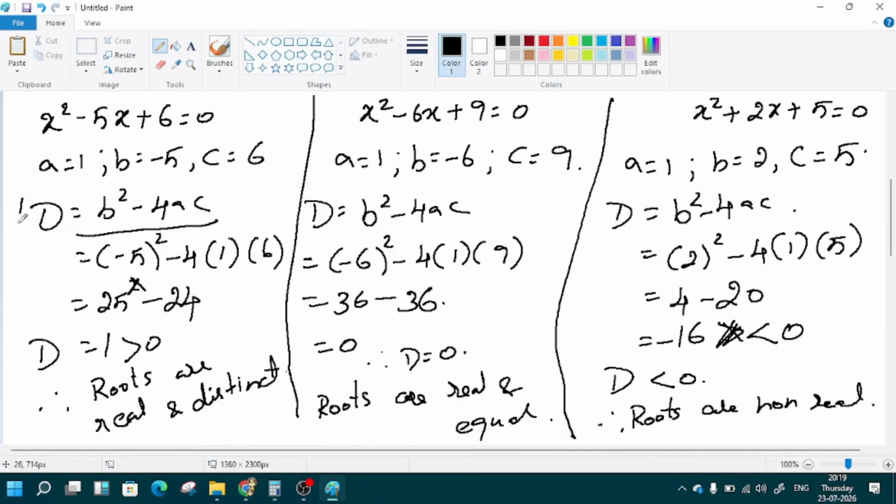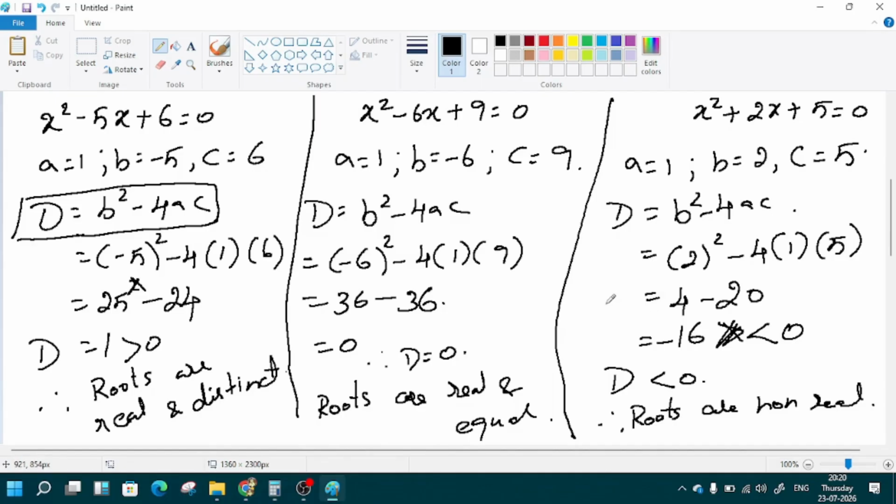This will help you find the value easier, and also you can check the final answer after you get the value for x. If you got D greater than 0, you can check whether you got both x values as real and distinct. If D is equal to 0, you can check both roots are equal. If D is less than 0, you can check whether you got non-real roots.